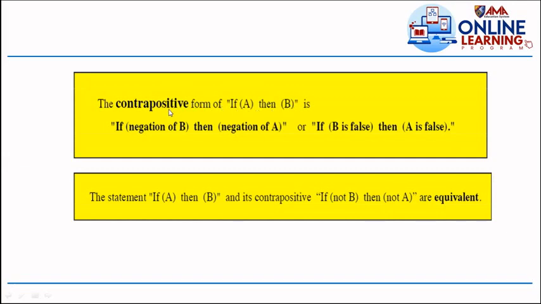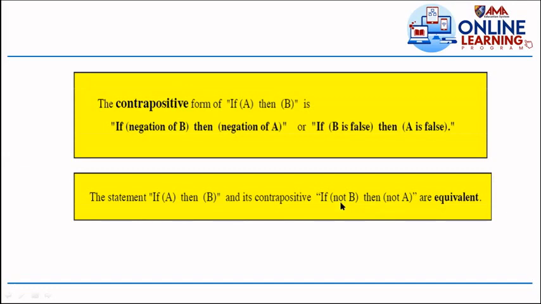Dito sa contrapositive statement, ang gagawin po natin, yung statement, sabi dito, the statement if A, then B, and its contrapositive form, if not B, then not A are equivalent. So doon sa original statement natin, nauna yung A, sumunod yung B, para maging contrapositive statement siya, mauna yung B, susunod yung A, at the same time, ininegate natin silang dalawa.